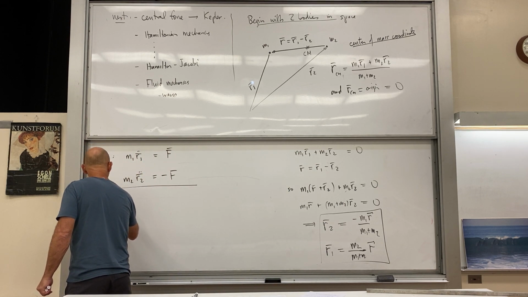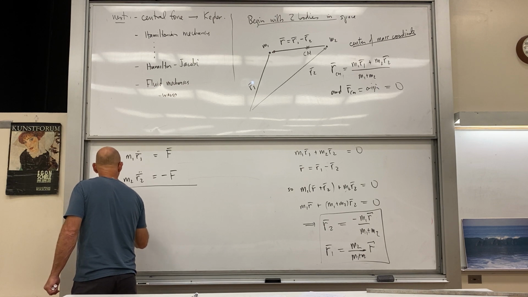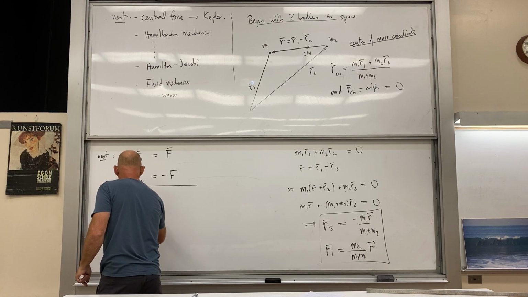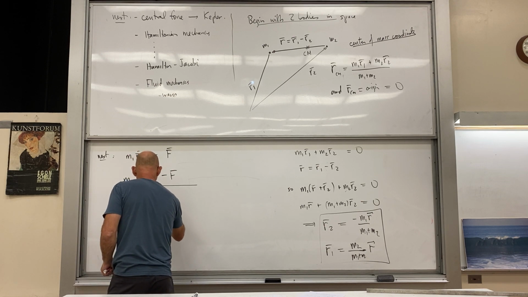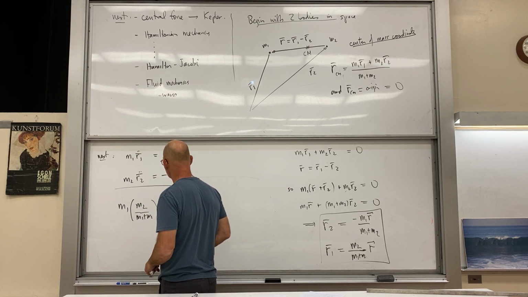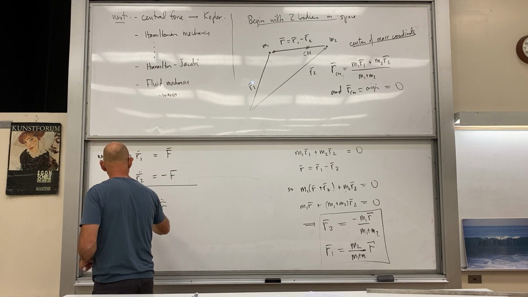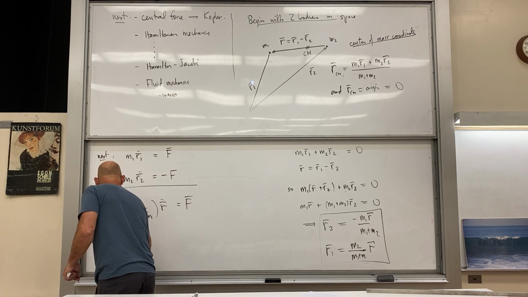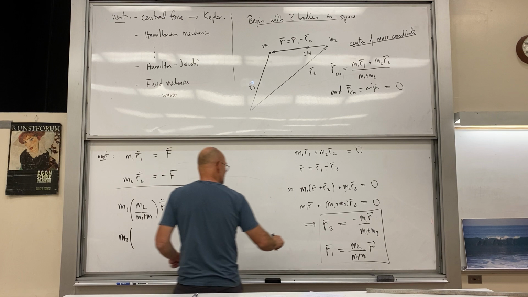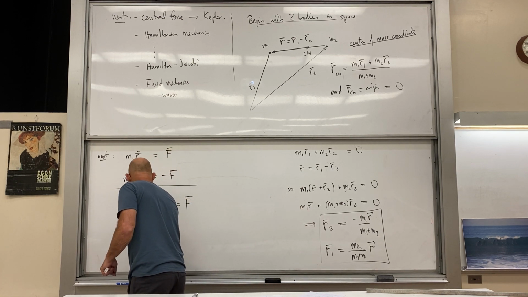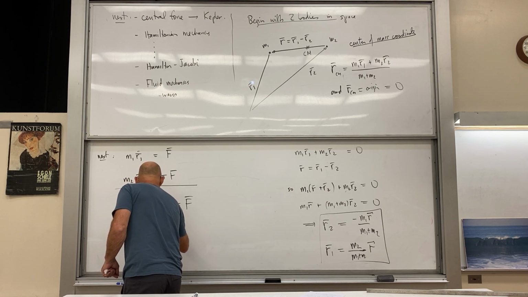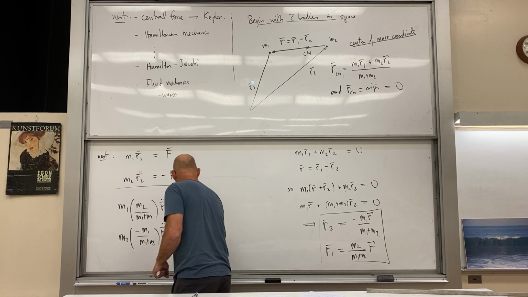So we're going to have M1 R1 second derivative is M2 over M1 plus M2 R second derivative, and this is going to be F. The second one is going to be M2 R2 second derivative is minus M1 over M1 plus M2 R second derivative is equal to minus F.